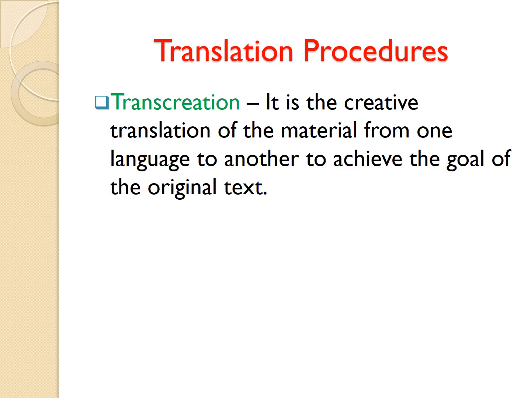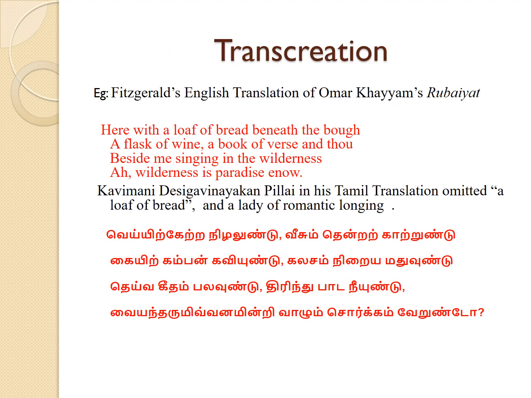For example, here we have Fitzgerald's English translation of Omar Khayyam's Rubaiyat. We have this example of the speaker who wanted to have paradise on earth. He is enjoying paradise on earth by having a loaf of bread, beneath the bough a flask of wine, a book of verse, and thou beside me, singing in the wilderness. Oh, wilderness is paradise enow.